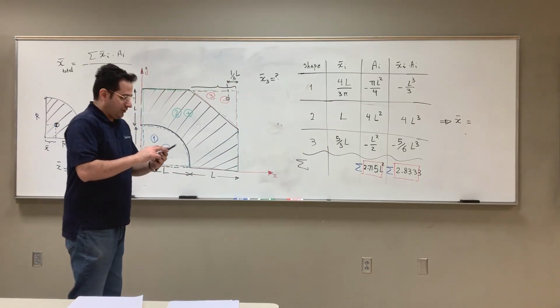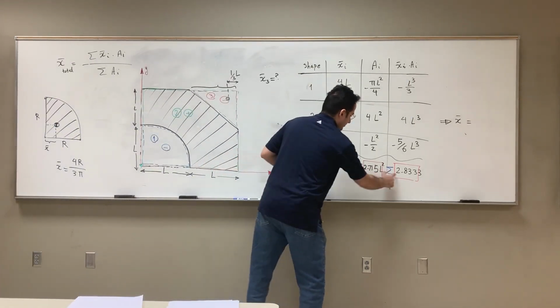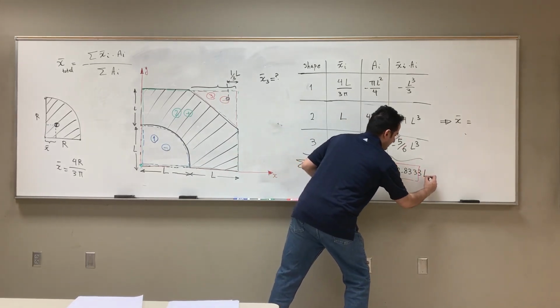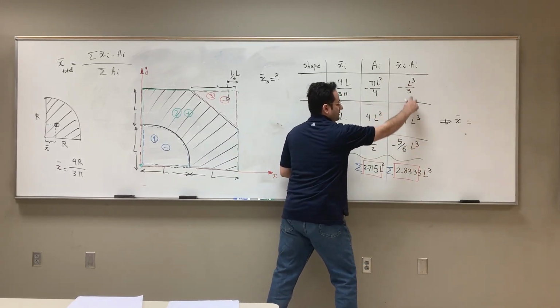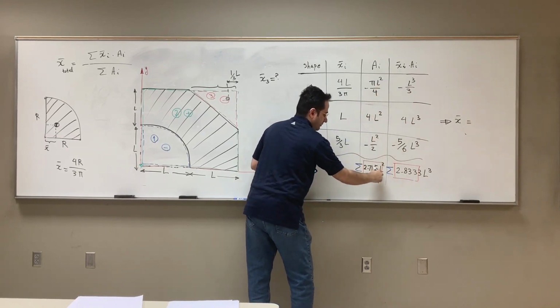Okay? So let's divide this number by this, and don't forget that this is L cubed. You see, you factor out L cubed here, you factor out L squared here.